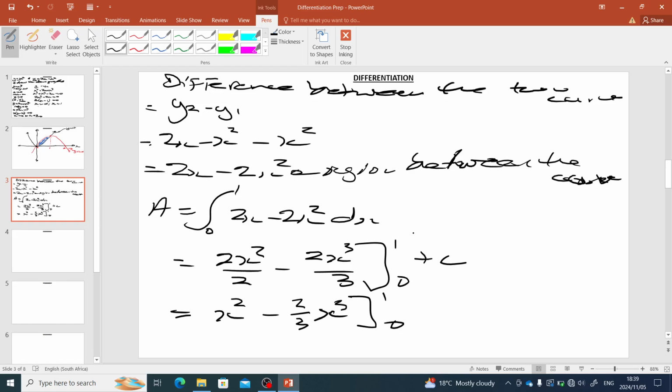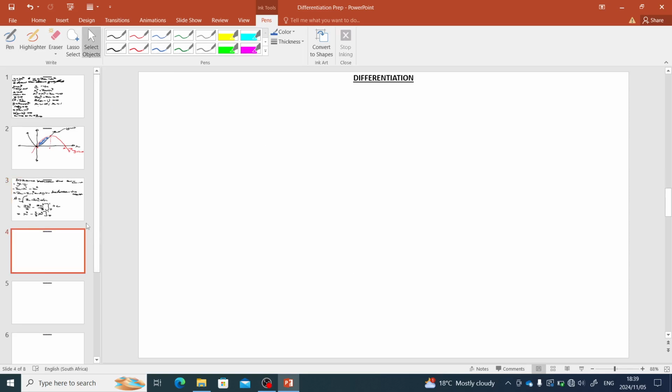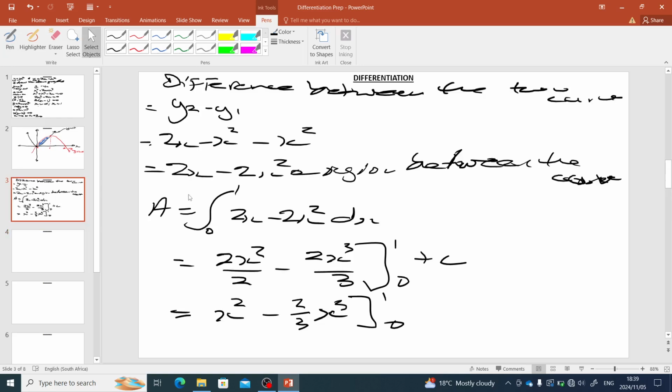Then from here we can calculate our area. In calculating our area, we'll substitute our x with 1.